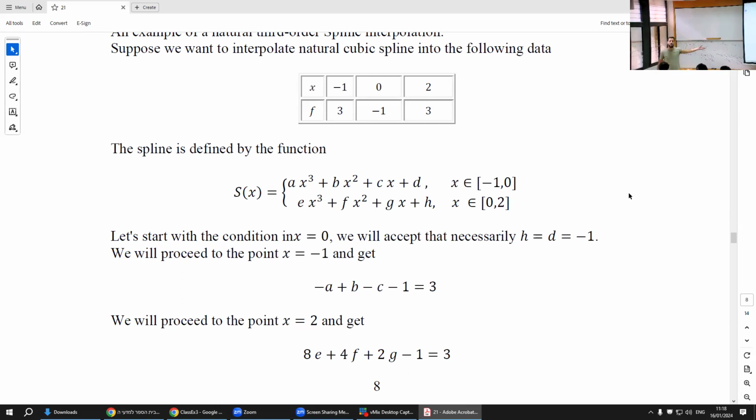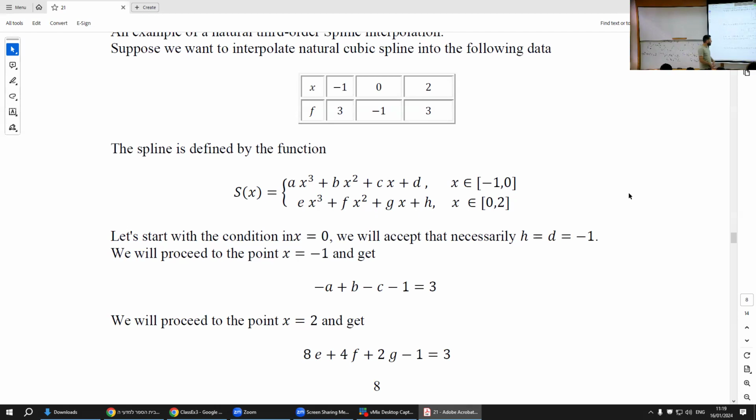And of course, we start with the 0, because it's much easier: in a polynomial, when you plug in 0, all the coefficients vanish except the free one. So we want that at 0, the two functions, S1 and S2, will be -1. So D and H are -1.